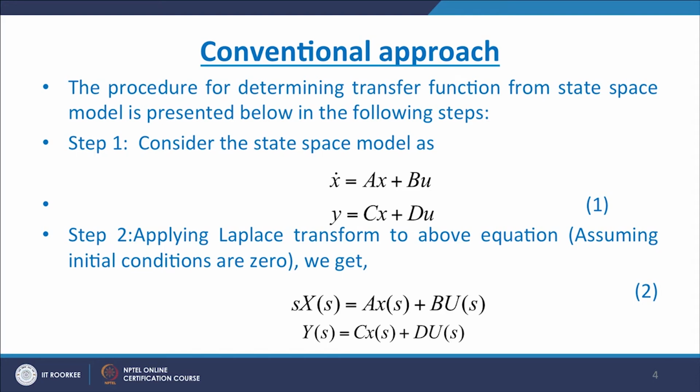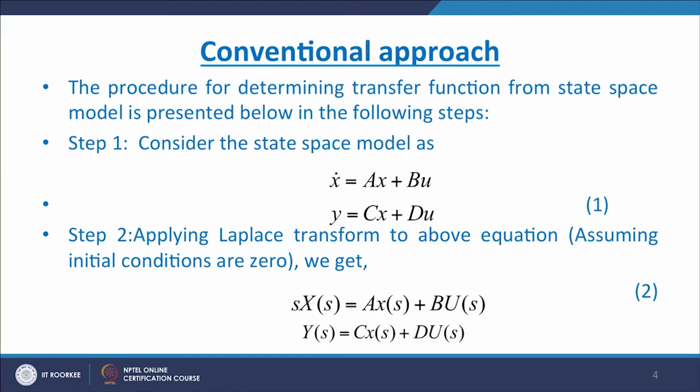Now, we want the model in transfer function form. Transfer function means the s domain. Therefore, we apply the Laplace transform to equation 1, and when we apply it, we neglect the initial conditions.